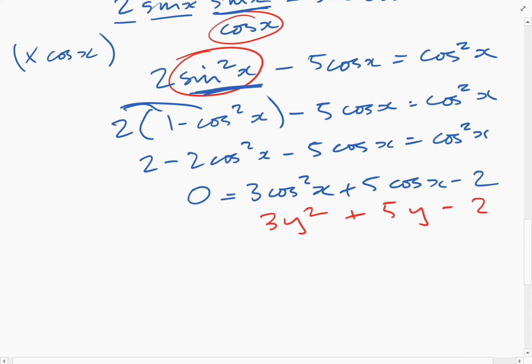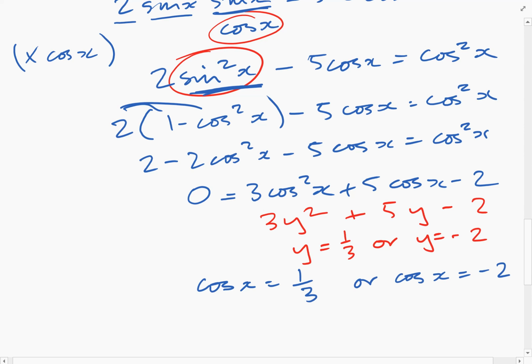If you were to solve this on your calculator, you would end up with y equals 1/3 or y equals minus 2. Okay, so you could factorize, but I would just use the equation solver on your calculator to end up with this, either cos x equals 1/3 or cos x equals minus 2.